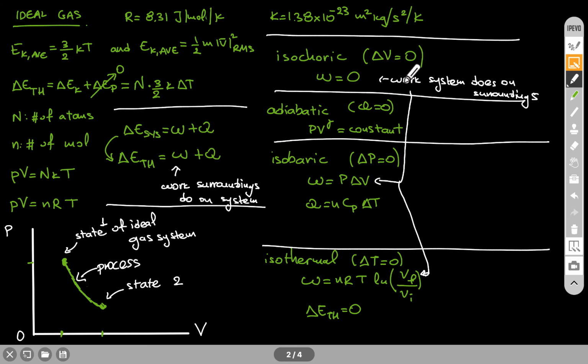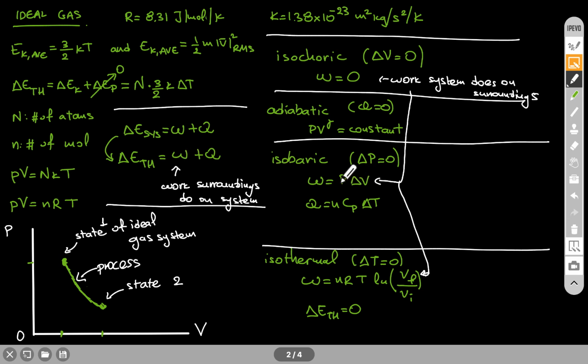Now, what's the difference? This is the work that the system does on the surroundings. This is the work the surroundings do on the system. So I'm just moving the two words around. But it is important because those two are not the same. They are not equal. In fact, they are exactly opposite. So when you use these expressions to find W, the work done by the system on the surroundings, before you plug it into the energy conservation principle, add one more minus.